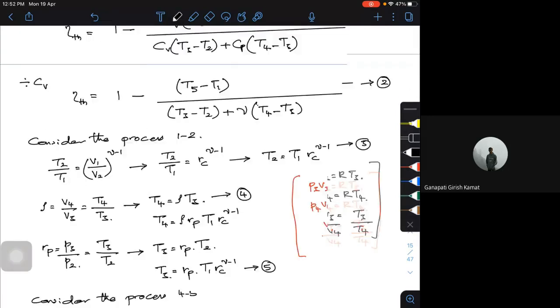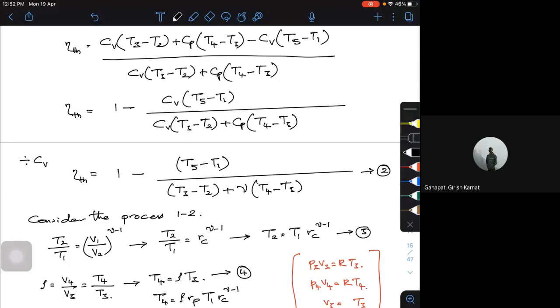First let me substitute for T5. What is T5? It is rho to the power of gamma into RP into T1 minus T1, divided by, what is T3?